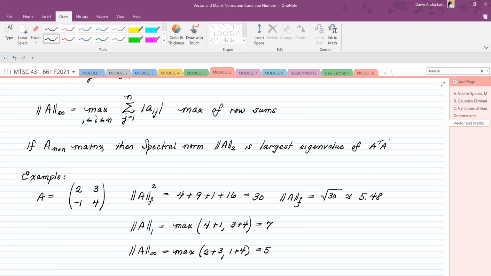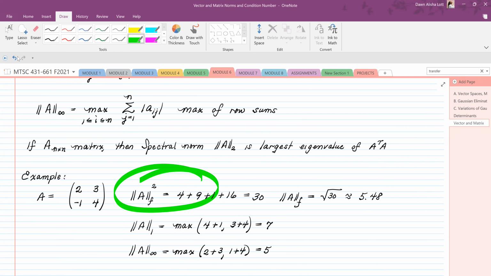So MATLAB can do these. Excuse me, yes. That's the norm of A squared. Which one? The F. How did you do it? You're talking about right here? Yes.